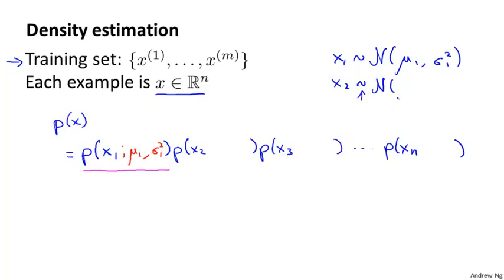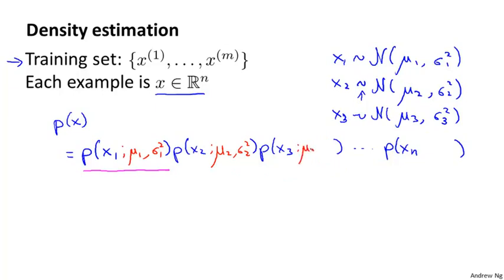That means distributed. It's distributed Gaussian with mean mu2 and sigma squared 2. So it's distributed according to a different Gaussian, which has a different set of parameters, mu2 sigma squared 2. And similarly, x3 is yet another Gaussian, and so this can have a different mean and a different standard deviation than the other features, and so on up to xn. And so that's my model.